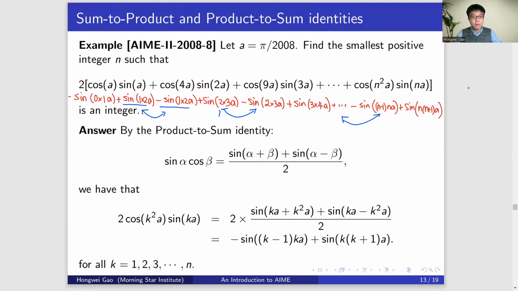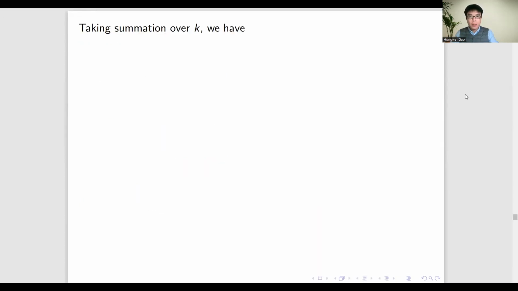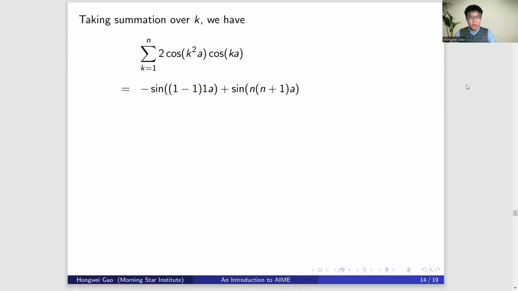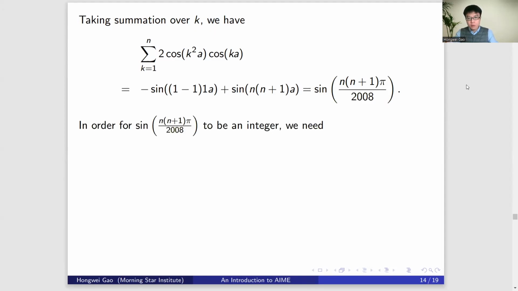Finally, only the beginning term and the last term survive. Following this idea, we take the summation over k. So the sum is minus sine 0 times 1A plus the last term, sine of n times (n plus 1) A. When we plug in the value of A, which is pi over 2008, we get the following. Now, in this question, we require this sine value to be an integer.